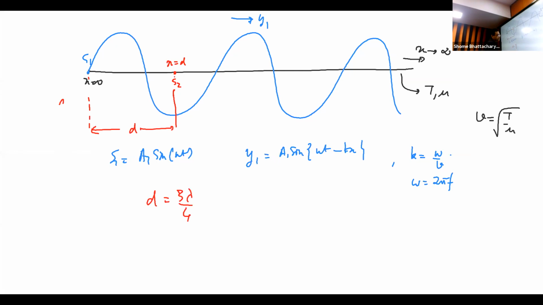And suppose S2 is also in phase with S1. So S2 is also having an equation of A2 sine omega t. So they both have the same frequency and they are in phase. Now the wave produced by S2 will be of this type.